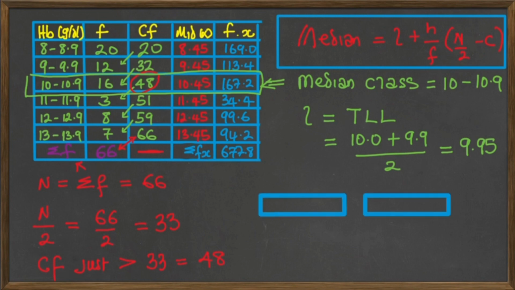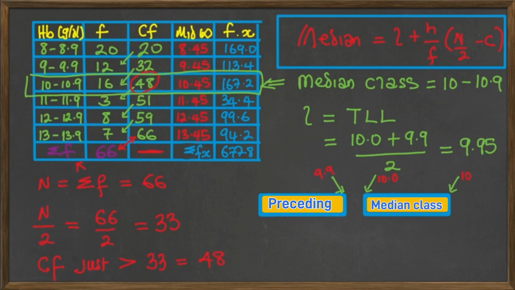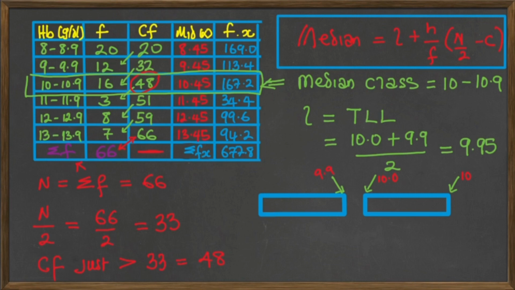If this first aspect is the space between the preceding class and our main class, our median class, so we know that there's a space between 9.9 and 10.0, right? So our true lower limit is going to be at that junction between both of them. So all you need to do is just to add 9.9 with 10.0 and divide by 2, and you'll be having 9.95.